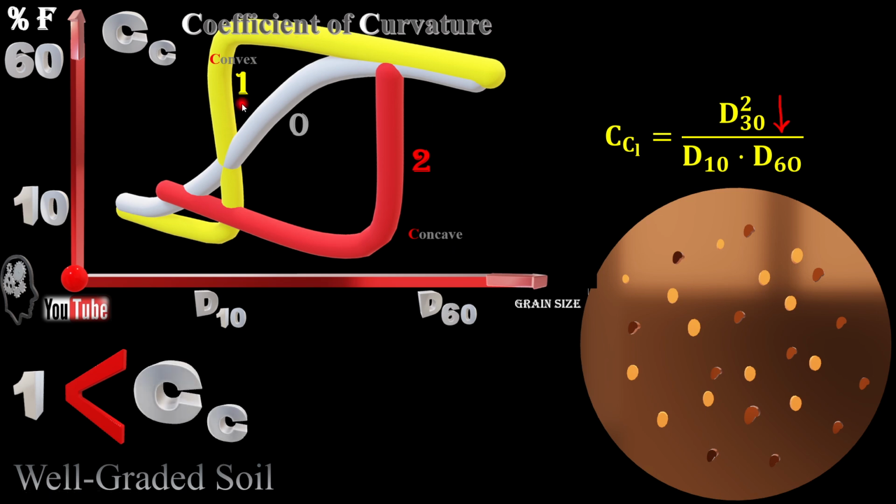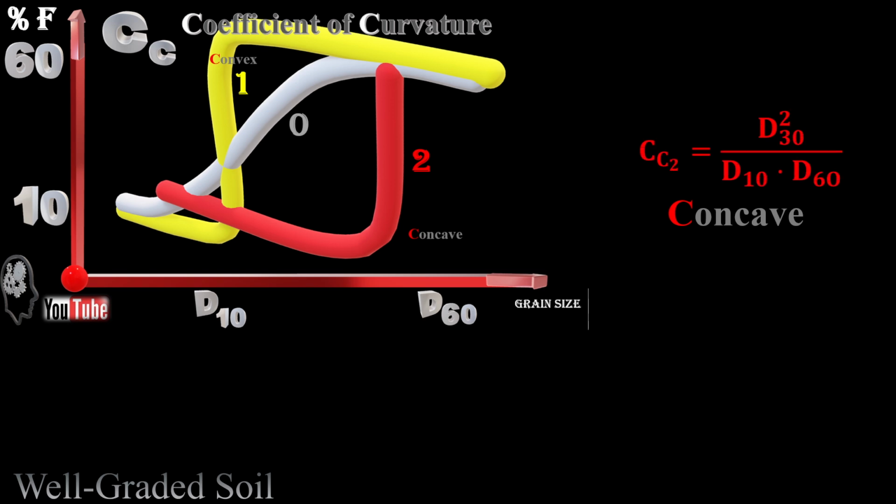That's for this part: avoiding a convex shape, which lets the grain size move toward the smaller grain size. So this is our CC1 for the convex shape, and that's why CC should be higher than 1.